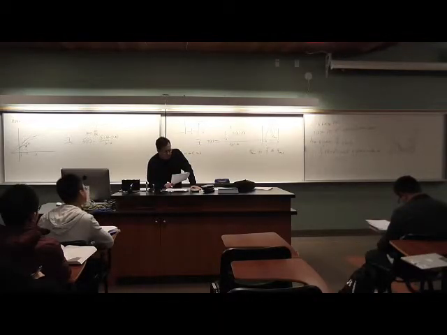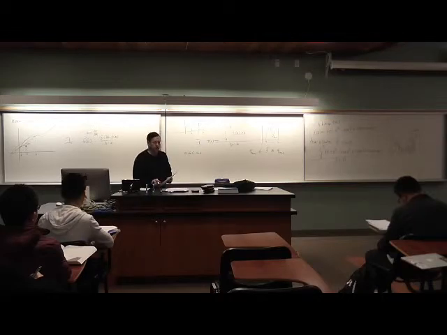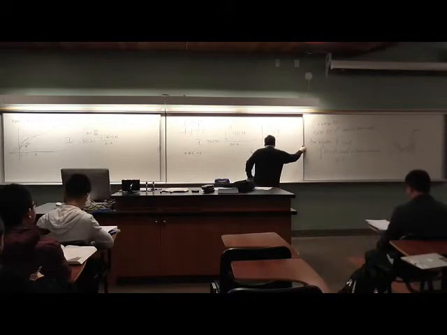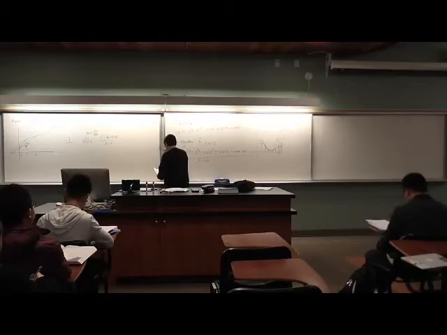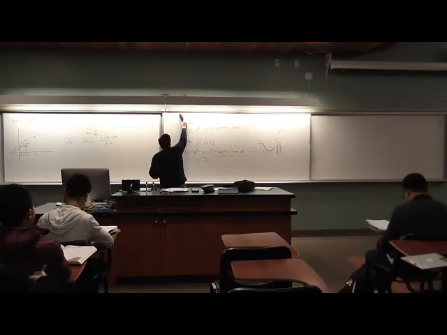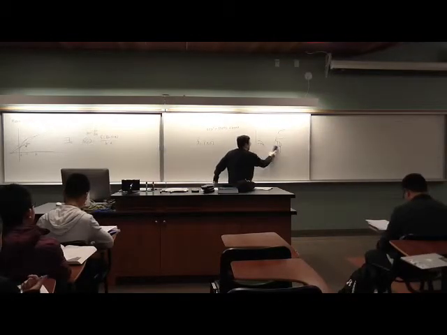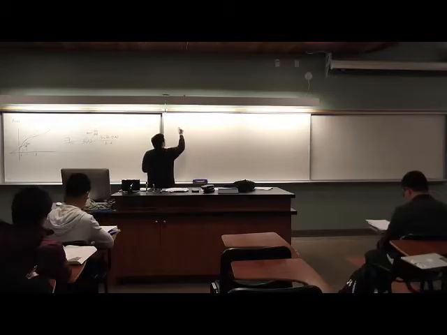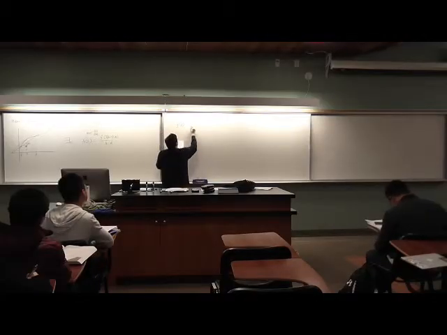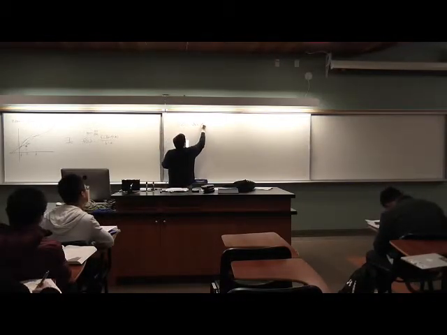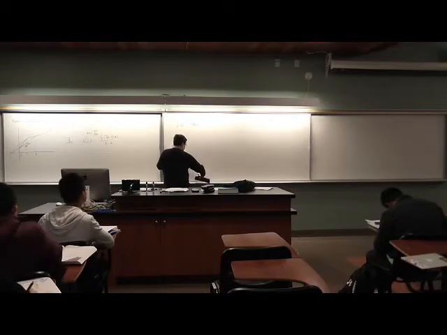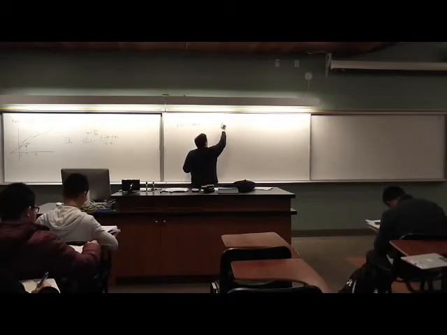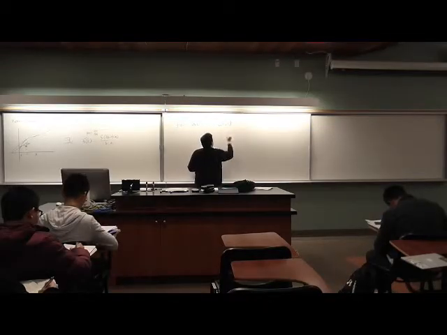Okay, let's see an example problem. So I have some function, f of x equals 2x times 1 minus x, and I'm looking at this function on the interval from 0 to 1.